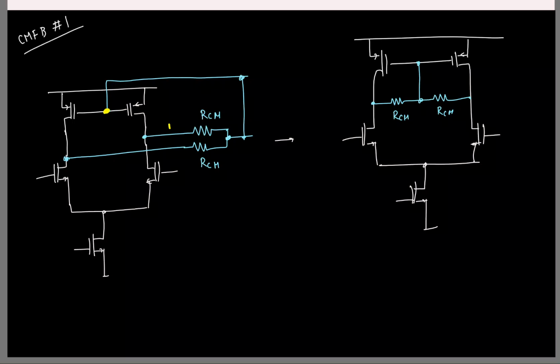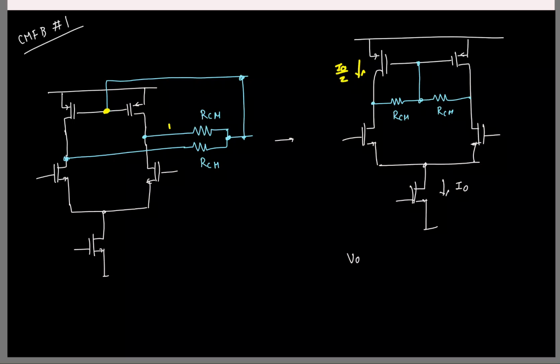Cool. So here first let's find what will be the output common mode. What do you think is the output common mode voltage here? See, this is the output common mode, and that is also equal to the gate voltage of the PMOS. So ideally, finally, if everything is fine, what is the current flowing through the PMOS? So what is the gate voltage?